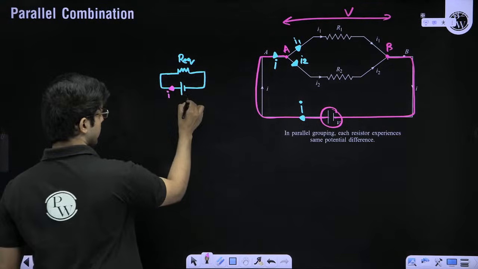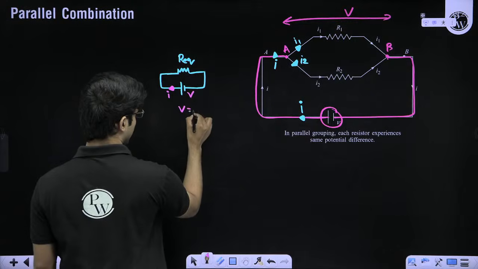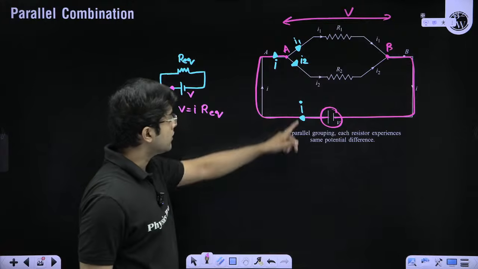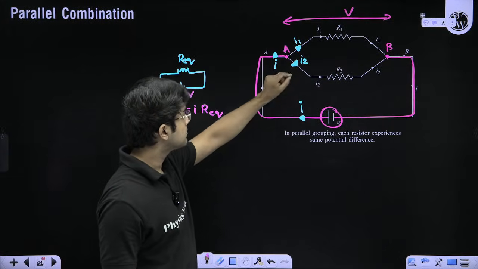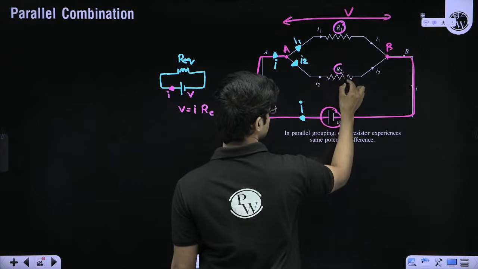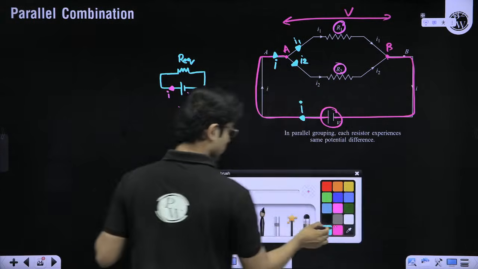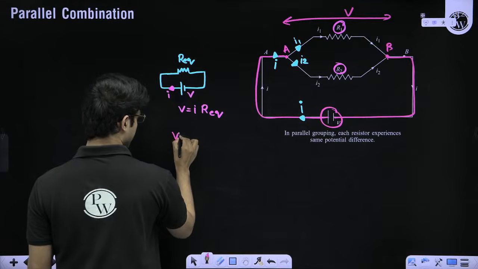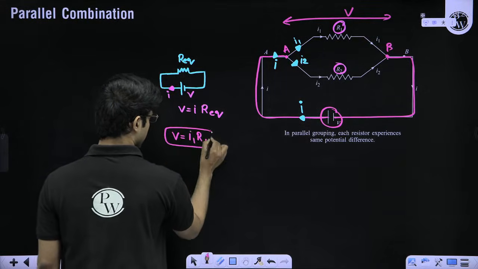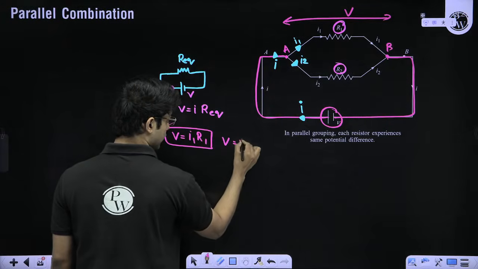So here we can apply the equation V equal to I into R equivalent. And we can apply Ohm's law for R1 and R2 separately. That will give us V equal to I1 R1, and V equal to I2 R2.